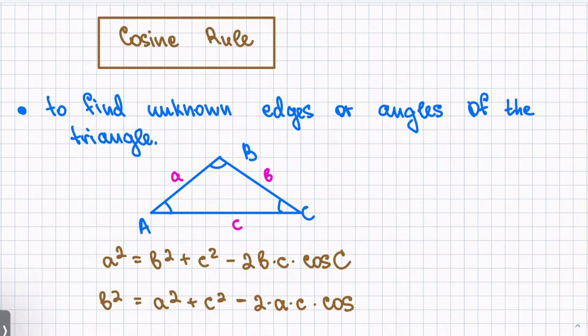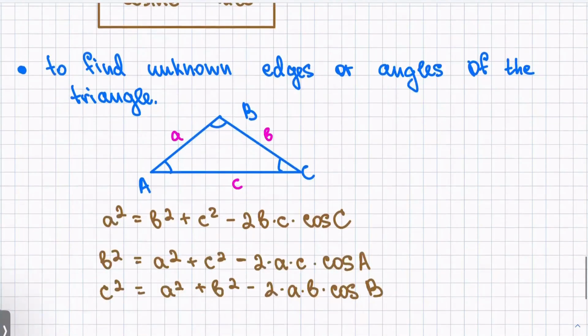So it's the angle A, so it will be cosine A. And now we can repeat the same for the third side c. We have c squared equal to a squared plus b squared minus 2 times a times b times cosine of the angle between them, a and b. So it's cosine B. Good. So this is our cosine rule, dear students.